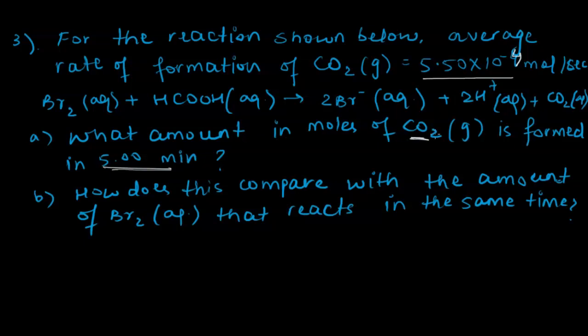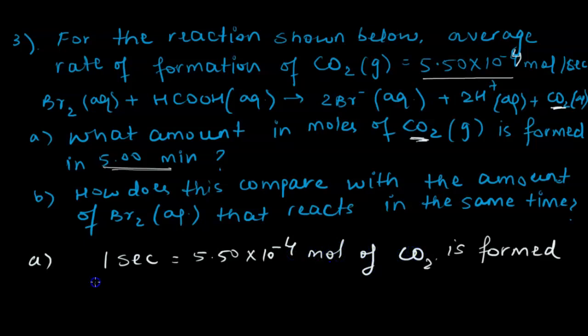So for that, because we are given information for carbon dioxide and the required is also for carbon dioxide, we do not have to relate it with any of the substances in the equation. All we have to do is just use math for this. So we know in 1 second, 5.50 times 10 to the power negative 4 moles of carbon dioxide is formed.